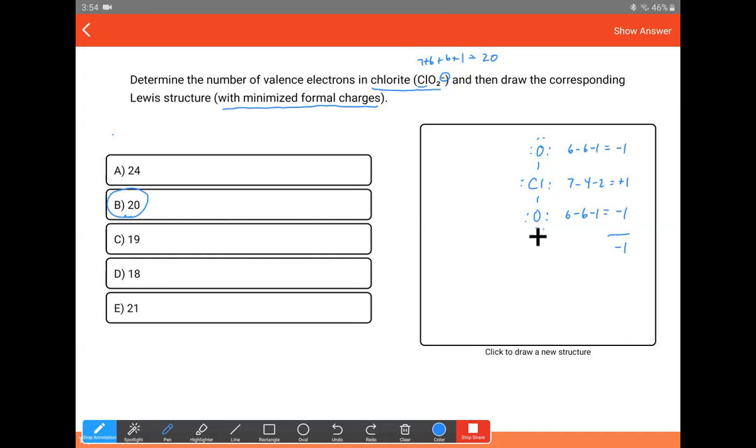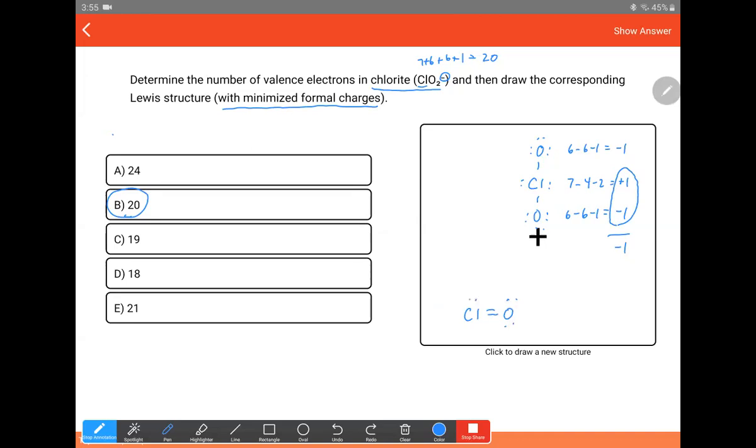But we prefer 0. So the fact that we have a +1 and a -1 means we can probably get those to zeros if we build this a different way. So that's where they can get kind of tricky. So let's see, how can we do that? We don't have extra bonds we can make. So we could use a double bond on an oxygen.